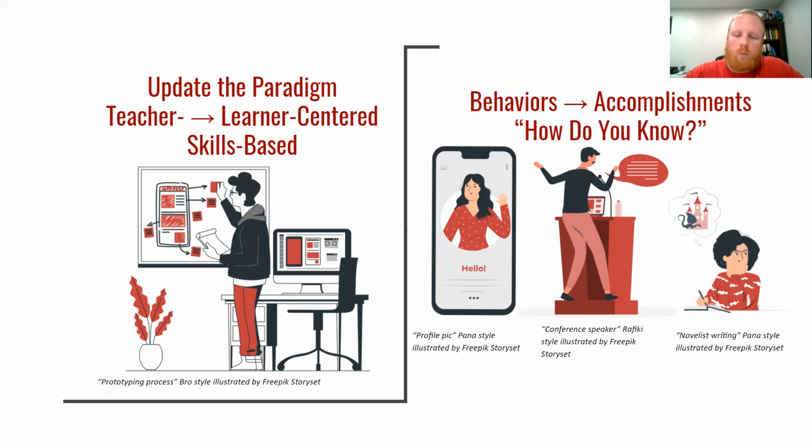Some people can write really well, and they want to express what they know through their writing medium. Each one of these examples, whether it's digital, face-to-face communication, or writing, each of these students and perceived learners would show how they know something in a way that works best for them. This gives students not only voice, but also choice in terms of how they can showcase what they know.